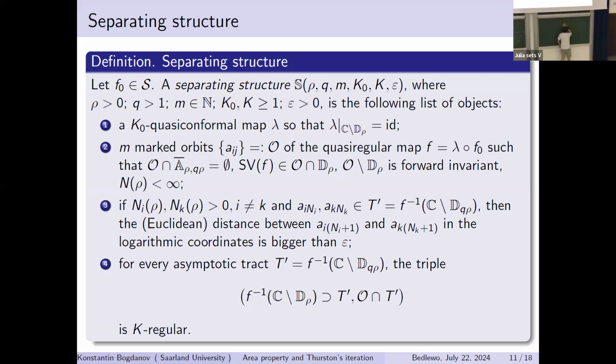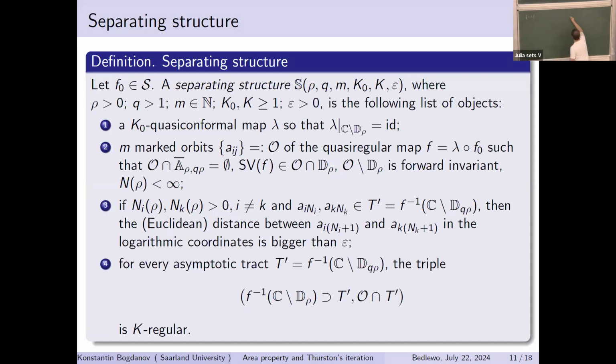They are just about our quasiregular function f, where f equals lambda f naught.